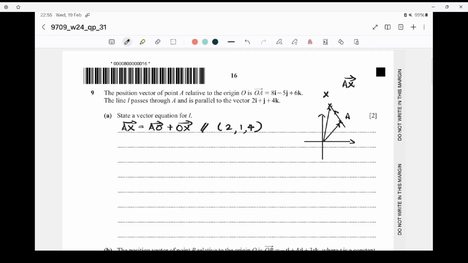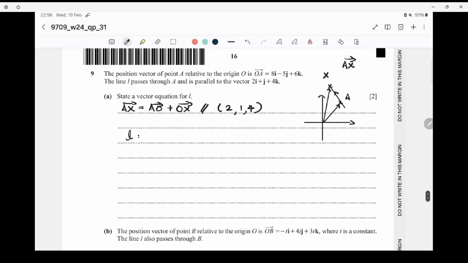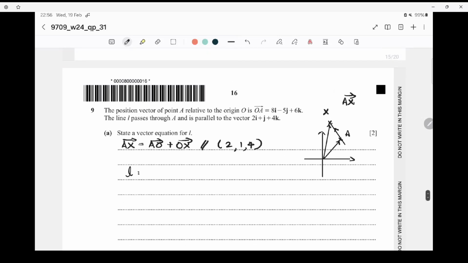So then, what is this line L? So the line L by itself would be some number, let's say OX is x, y, and z.